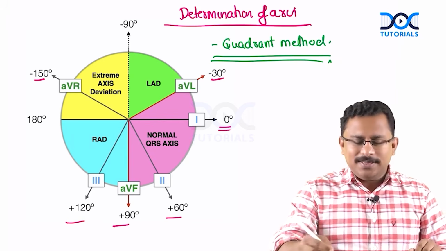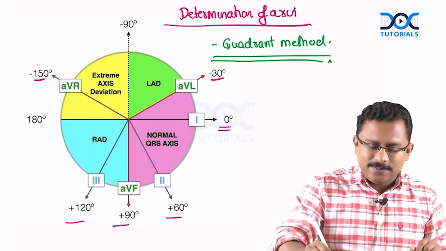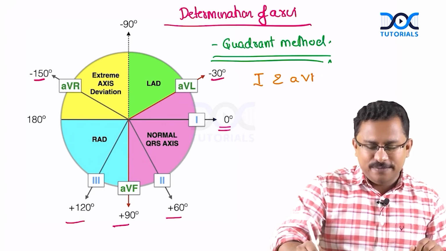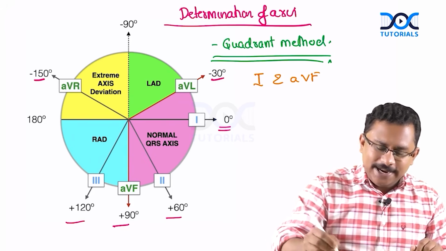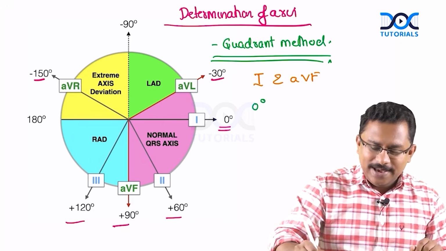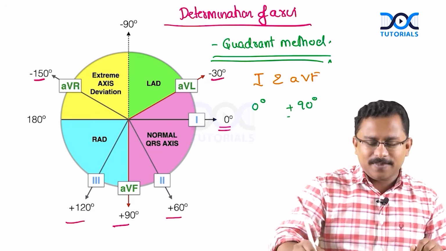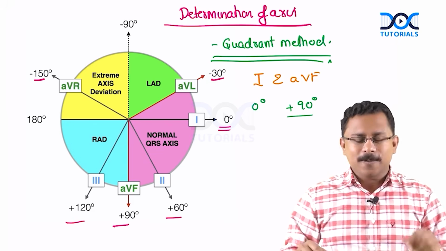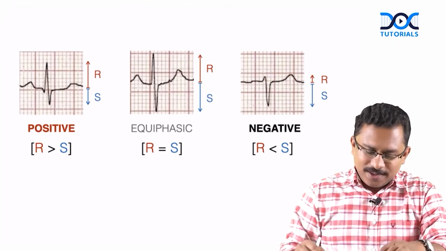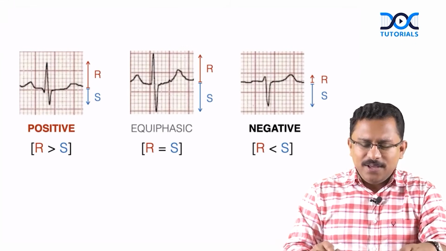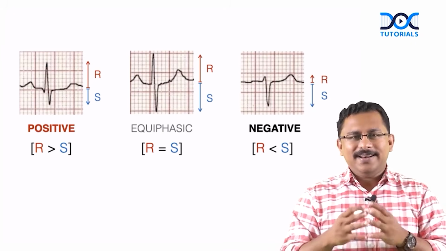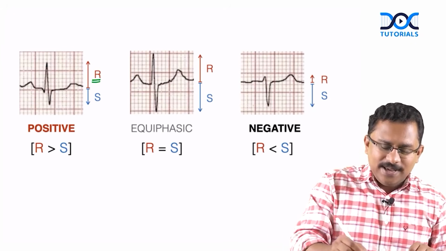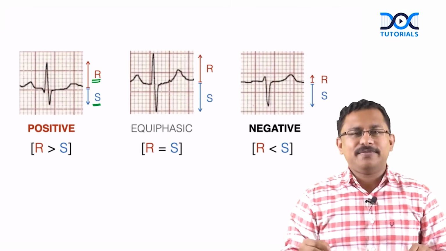In the quadrant method, the axis determination is mainly dependent upon lead 1 and lead aVF, that is the cameras at position 0 degrees and plus 90 degrees. That is going to tell us about the axis. Now you see here, whenever you have a particular deflection in the ECG, this is the height of the R wave, this is the depth of the S wave.